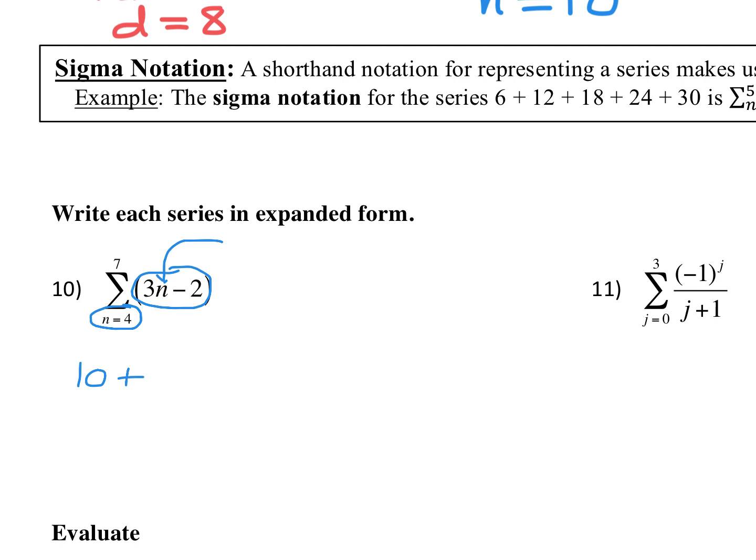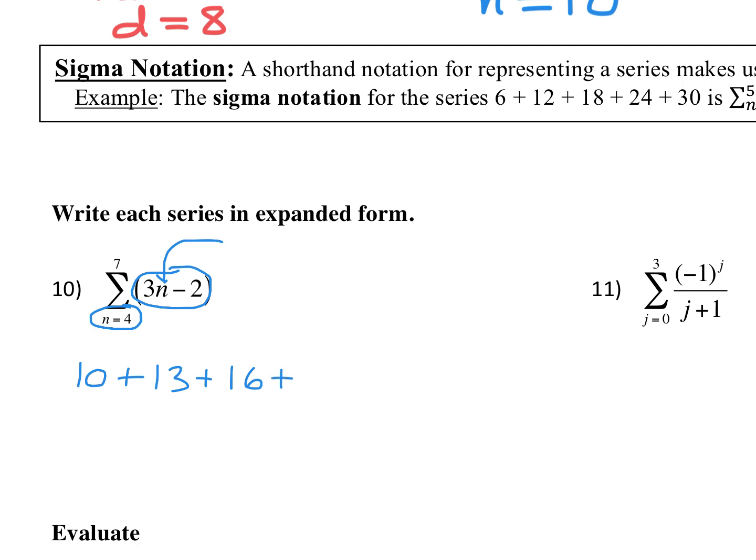All right. After 4, you're going to plug in 5. So if you plug in 5 right there, you get 15 minus 2. That is 13. Then you're going to plug in 6. So if you plug in 6 for n, you get 16. 16 is 18 minus 2.